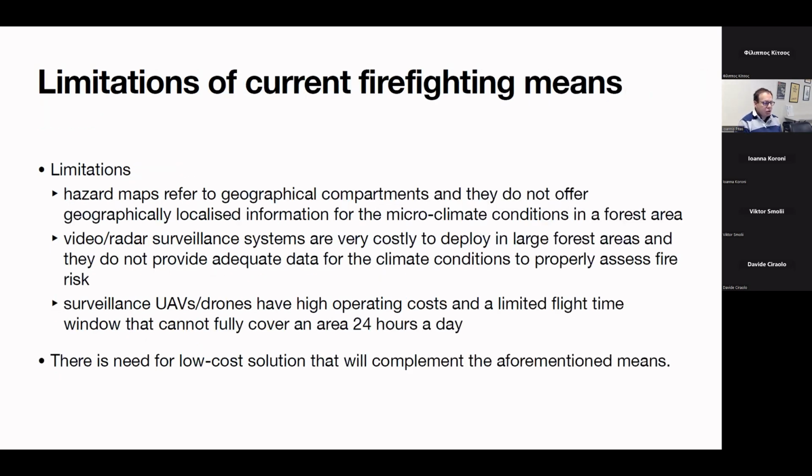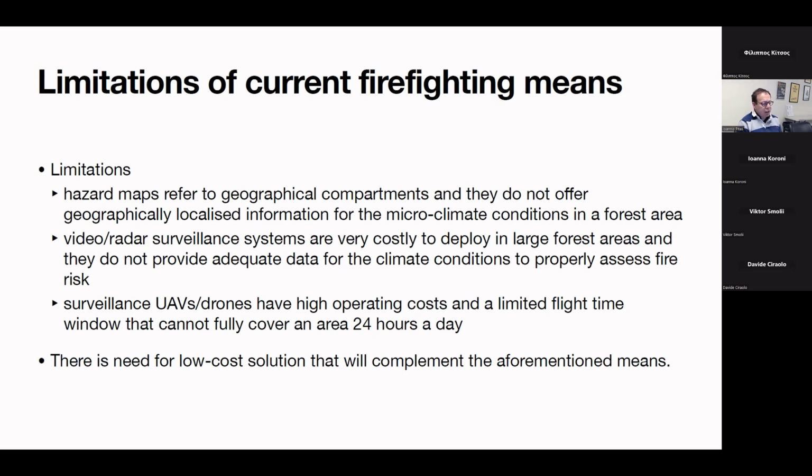The limitations of the means that I mentioned in the previous slides are the following. First, the hazard maps refer to geographical compartments, and they do not offer geographically localized information for the microclimate condition in the forest area, which is very important for the way that fire develops.